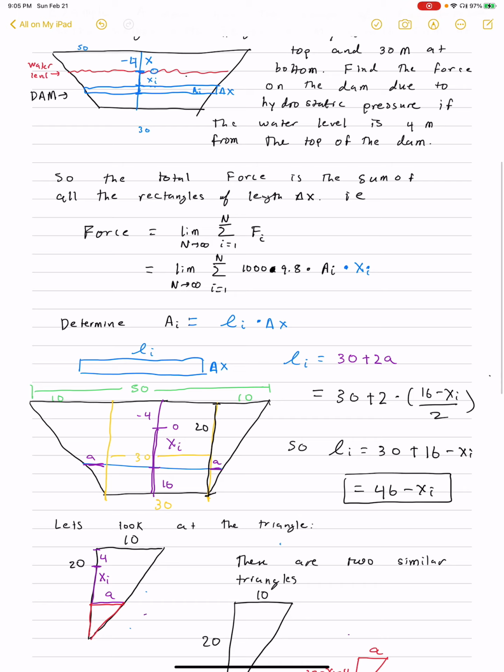Okay, and now we can determine the area. The area here is going to be equal to 46 minus x sub i multiplied by delta x.